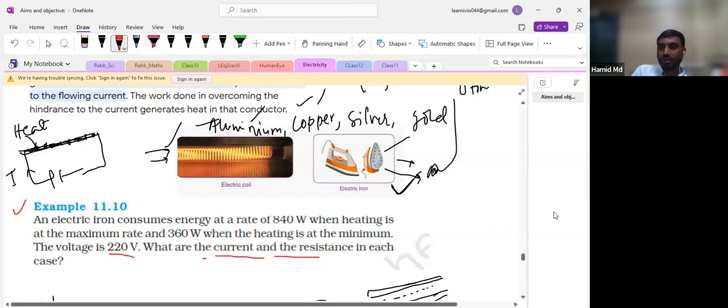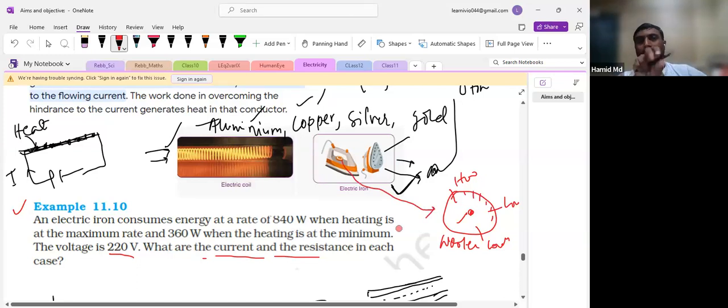So how do we fix the maximum and minimum heating? This is the knob, right? It will be written here woolen, somewhere cotton, somewhere low, somewhere high, right? The same knob is over here.